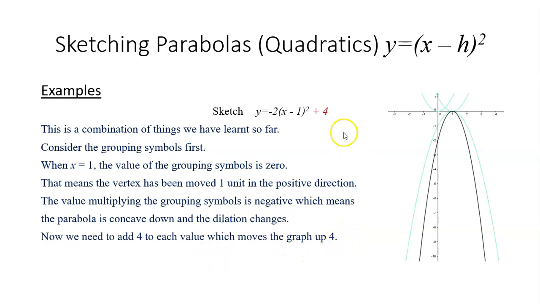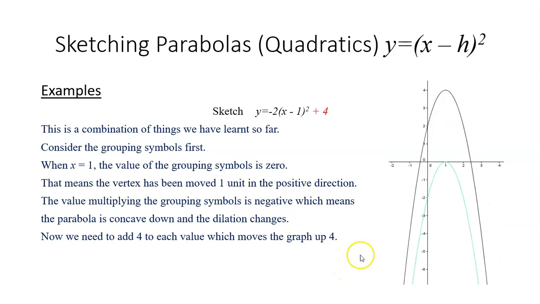Alright, and now what we need to do is consider this plus 4, which is going to move the whole thing up 4. Now we've added our 4, which just moves it up 4. So just combining a few things that we've done so far, and it makes sketching so much easier. This time you'll notice that the coordinates of the vertex are across 1, up 4. So they were 1, 0, but we've shifted it up 4, so it's across 1, up 4.